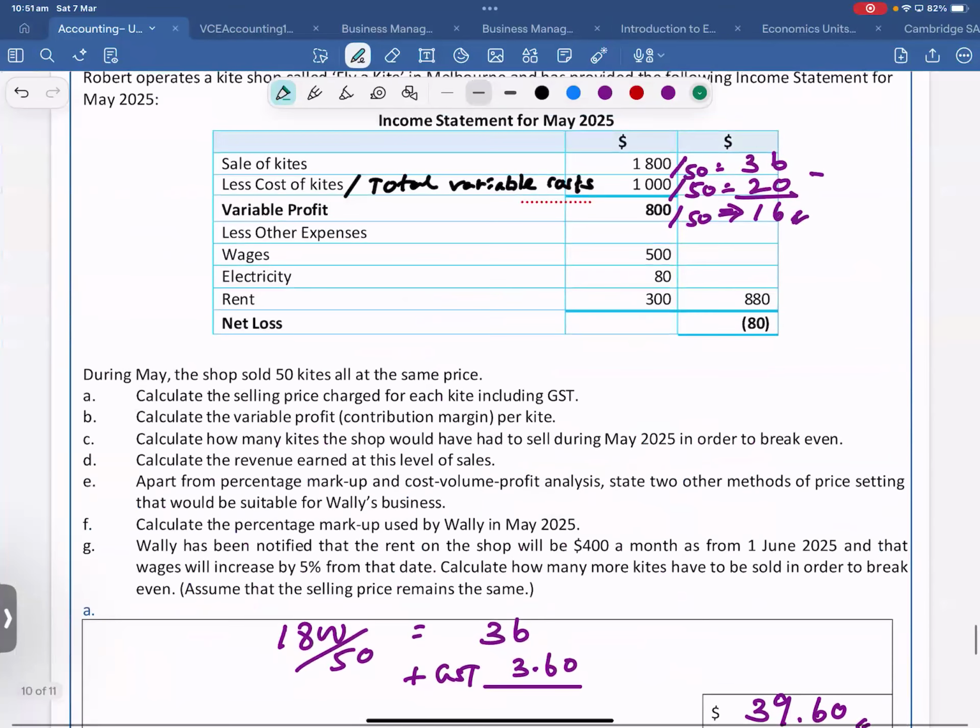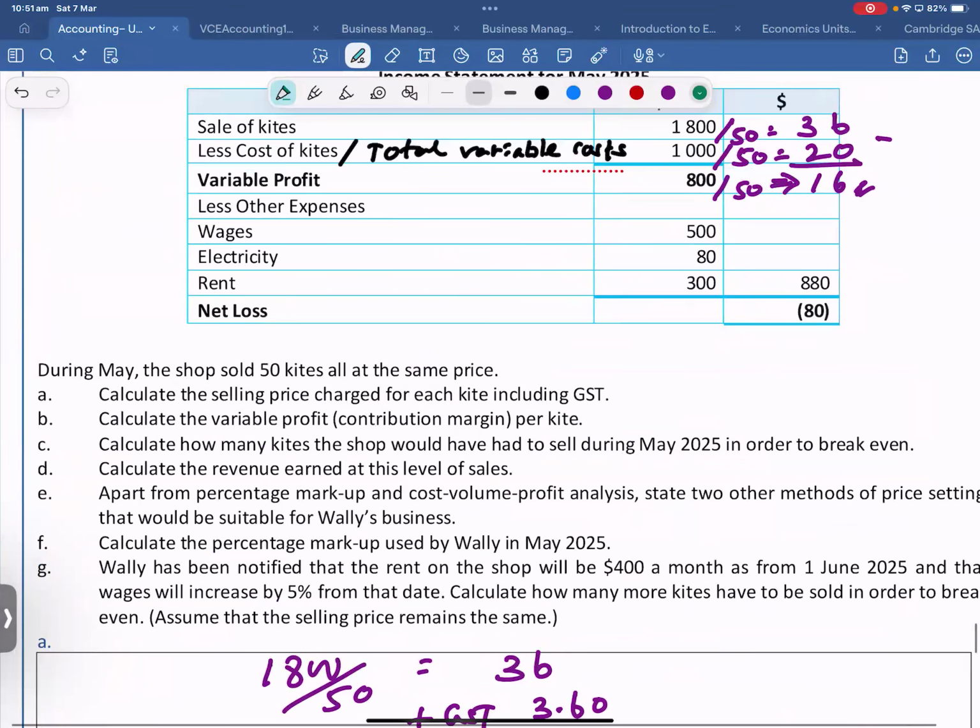Then that is done. Part E, calculate the sales revenue. I'll give you the answer. What do you think?